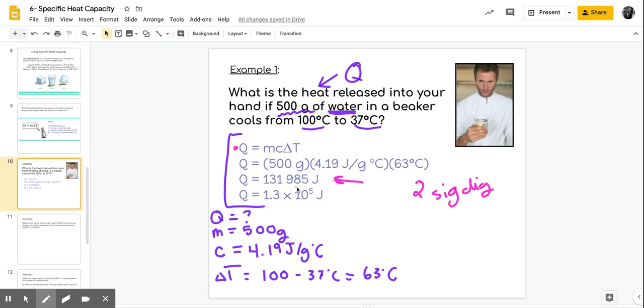I need to put it into scientific notation, which means I need a number between 1 and 9. So I'm going to move my decimal. 1, 2, 3, 4, 5, 1.3. There's my 2 significant digits. And I move my decimal 5 times. And it was a very large number, so it's positive 5 joules. And that is my answer.